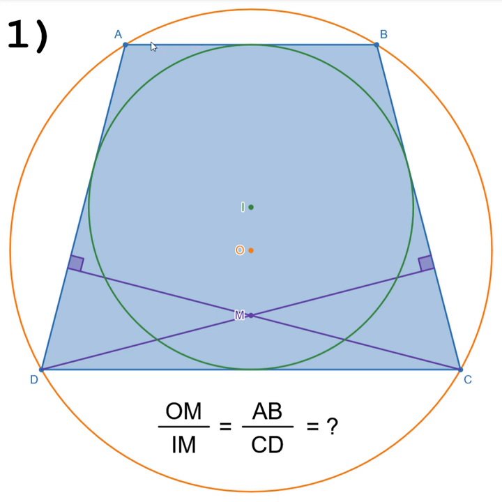So coming to our first question, we have a trapezoid, and I can say it's isosceles because every trapezoid which is inscribed in a circle is isosceles.